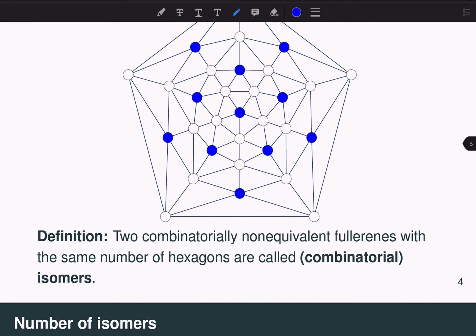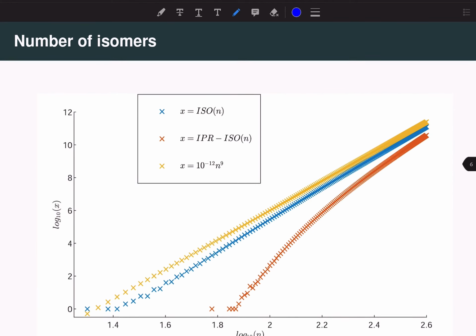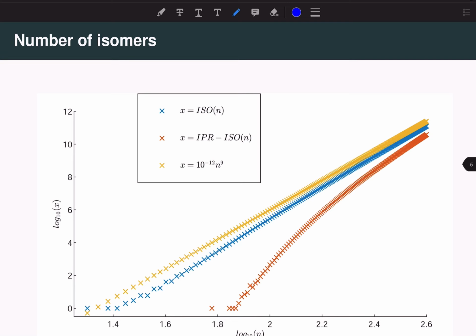And having this definition, a question arises about the number of fullerenes for a given n. The exact formula for the number of isomers is not known, but some important properties are already derived. It's important to say that the number of isomers grows like n to the power of 9.